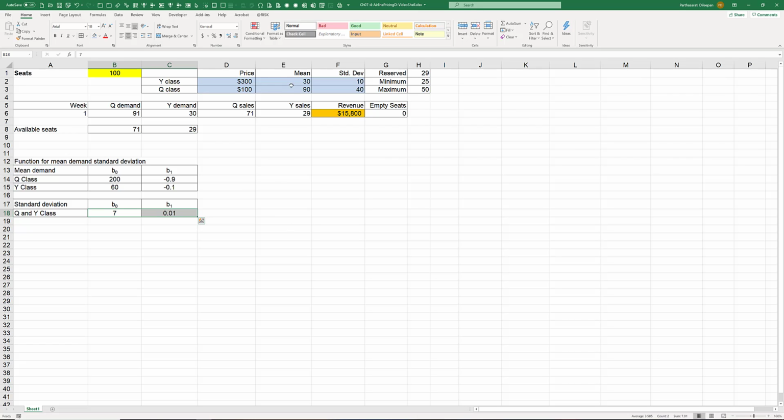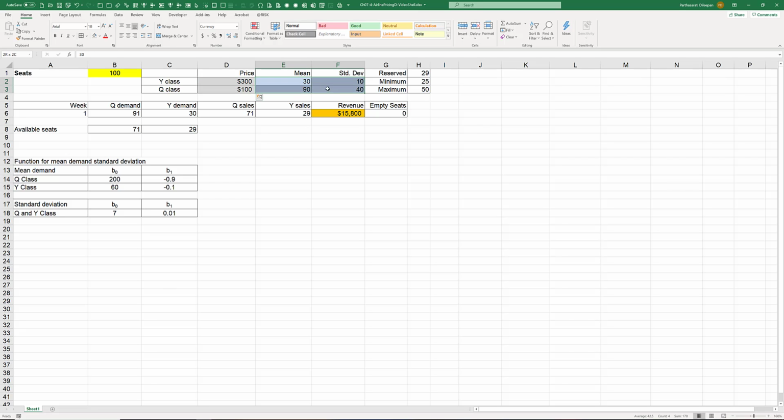Now we're going to generate the mean and standard deviation from this, whatever price. This is going to be our decision variable, so let's change the border and background color. We're going to set this up as a decision variable when we get to the risk optimizer.